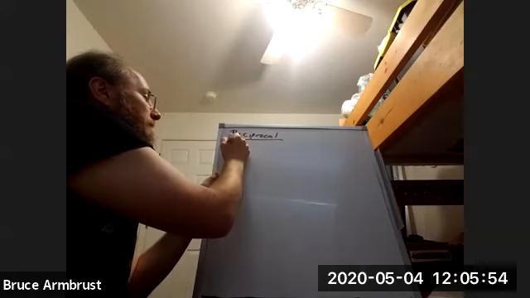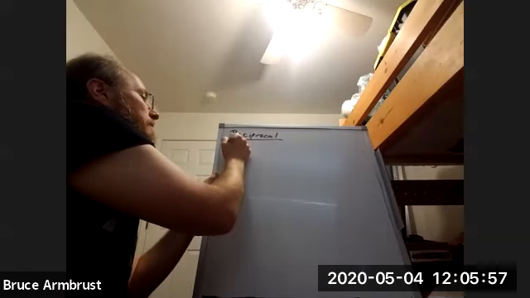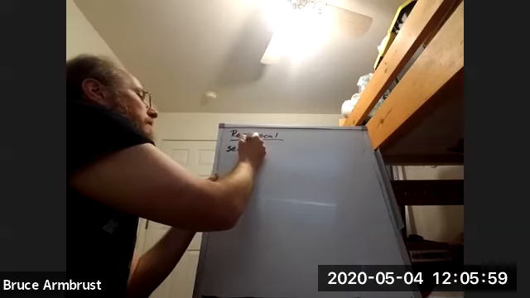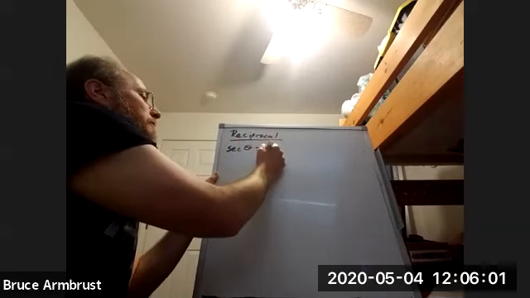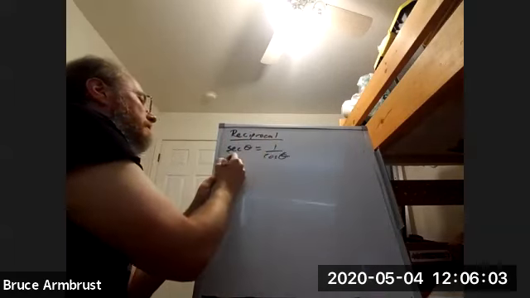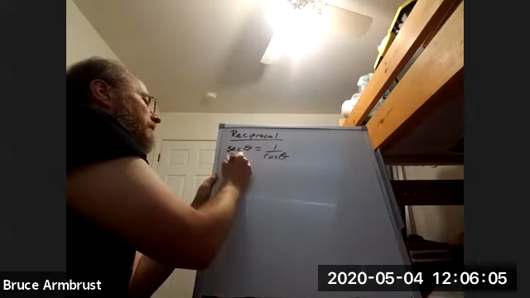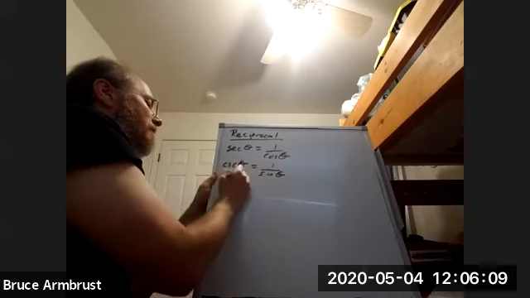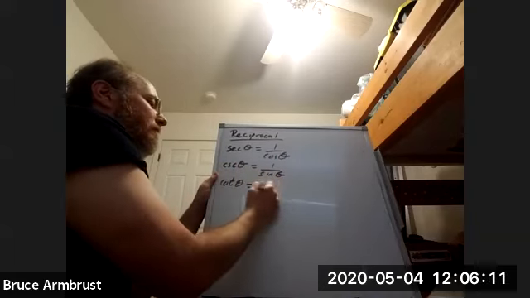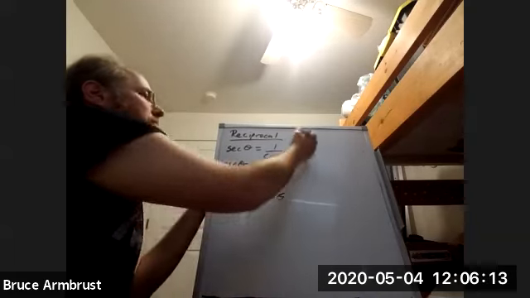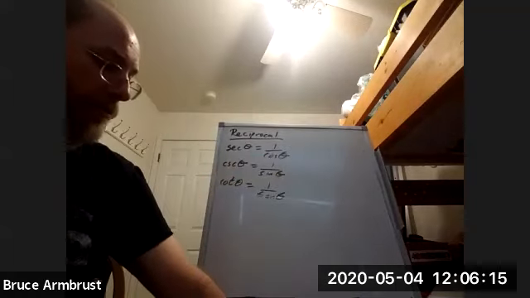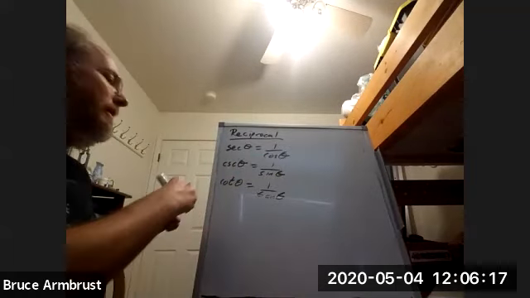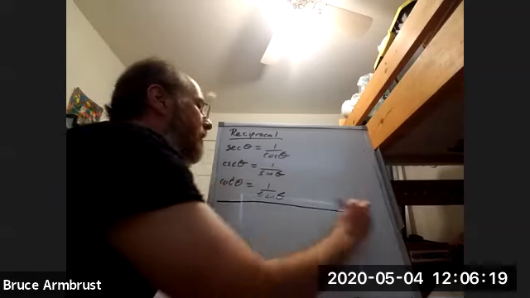Basically the fact that secant is equal to 1 over cosine, cosecant is equal to 1 over sine, and cotangent is 1 over tangent. So when I mention the reciprocal identities, those are the ones that I'm talking about.